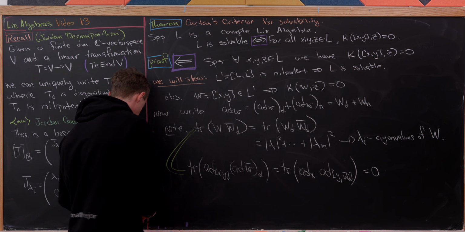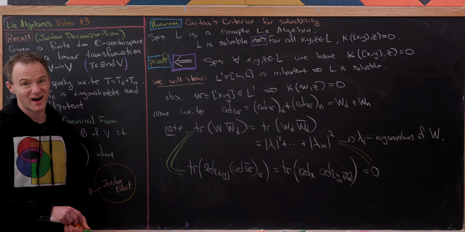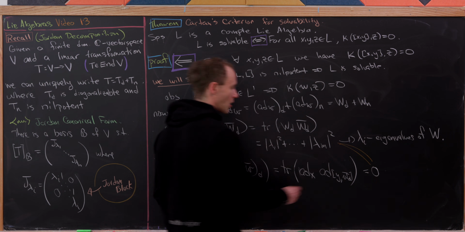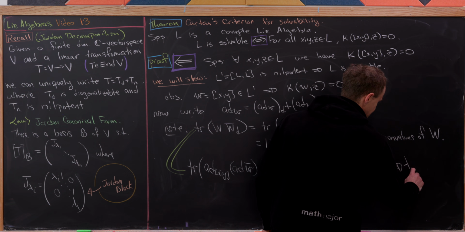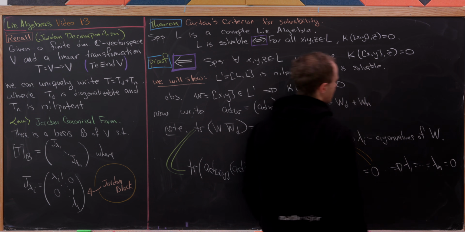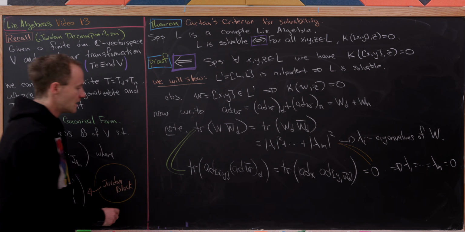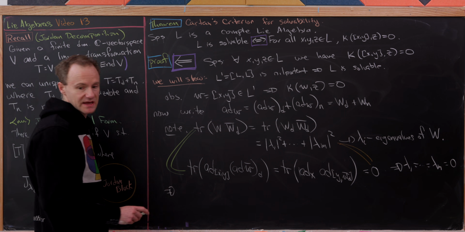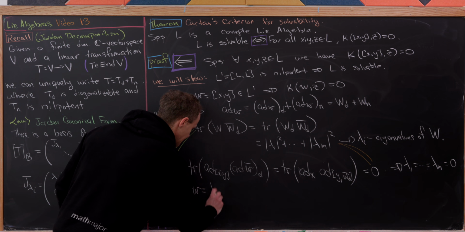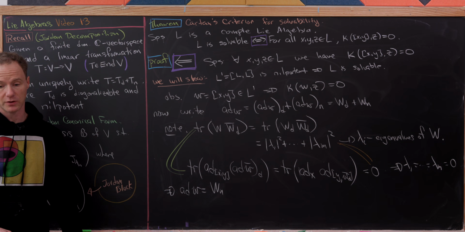So let's bridge the gap right here. We have this sum of non-negative real numbers and they sum to 0. So that means that they are all in fact equal to 0. That's the only way that you can sum non-negative real numbers and get zero: for them all to be 0. But what that means is that ad w is simply equal to this W_N. It's all its nilpotent part.